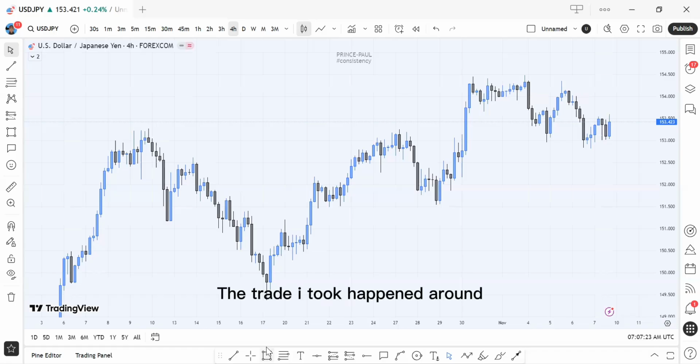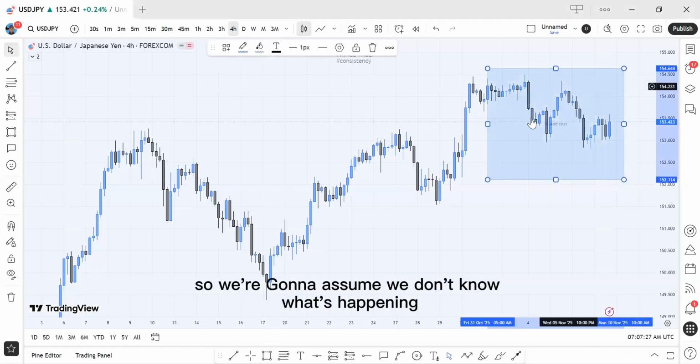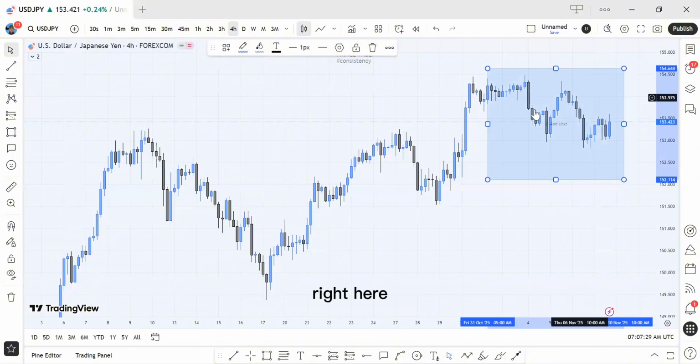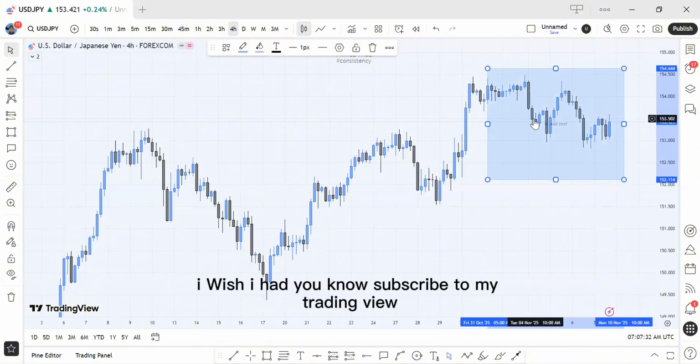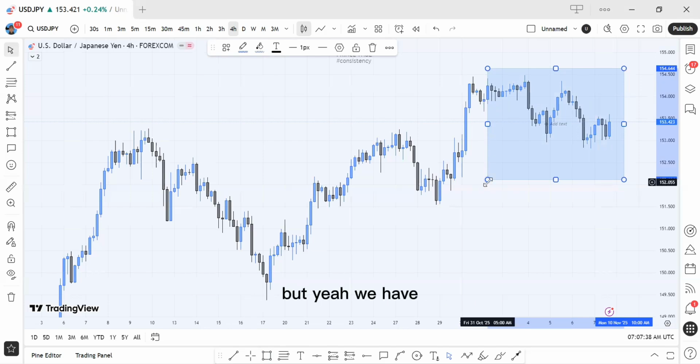The trade I took happened around this area, right? So we're going to assume we don't know what's happening over here. I wish I had subscribed to my TradingView and just cut out this area and done the trade breakdown. But yeah, we have to work with what we have at the moment.